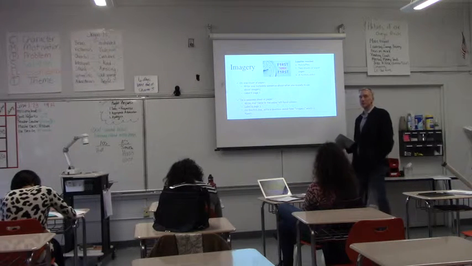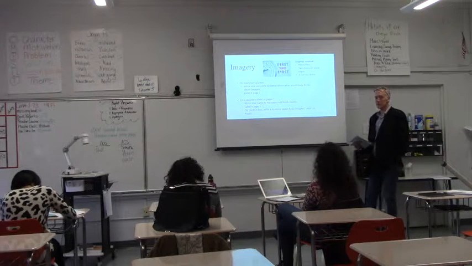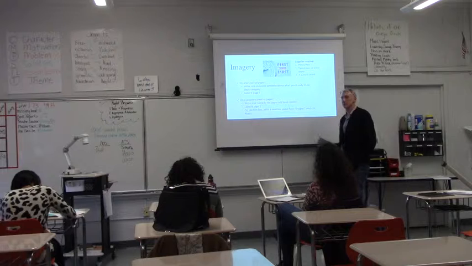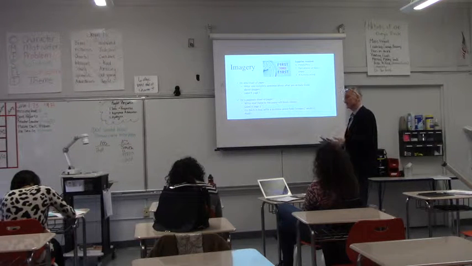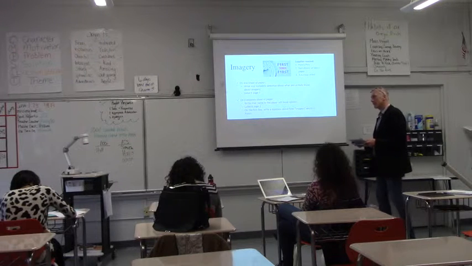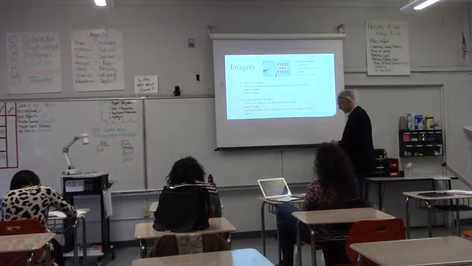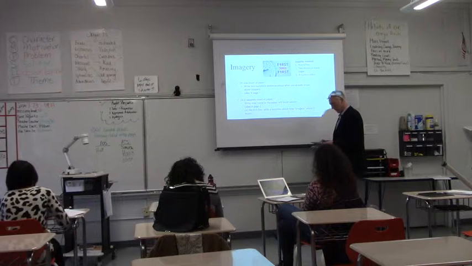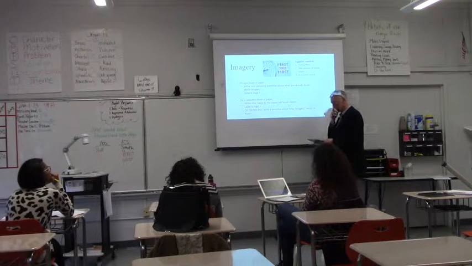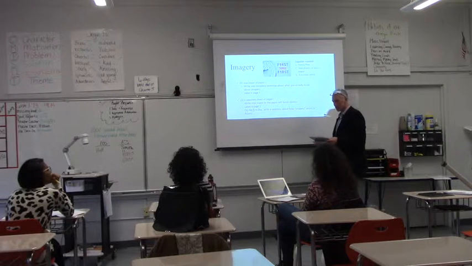Is imagery used simply to make it sound good? Is imagery used to persuade us? Is imagery used to attract us to it? And then pens, pencils down when you're done, so I know you're finished. We want to set those aside.